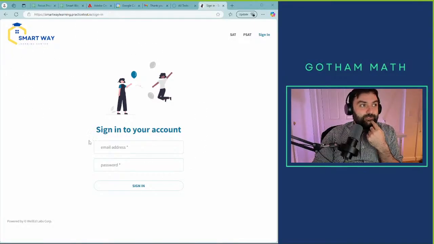So this is how the student side is going to look. This is what you will see. You will most likely go on the Smart Way Learning Center website, click on a button, and it will get you here.